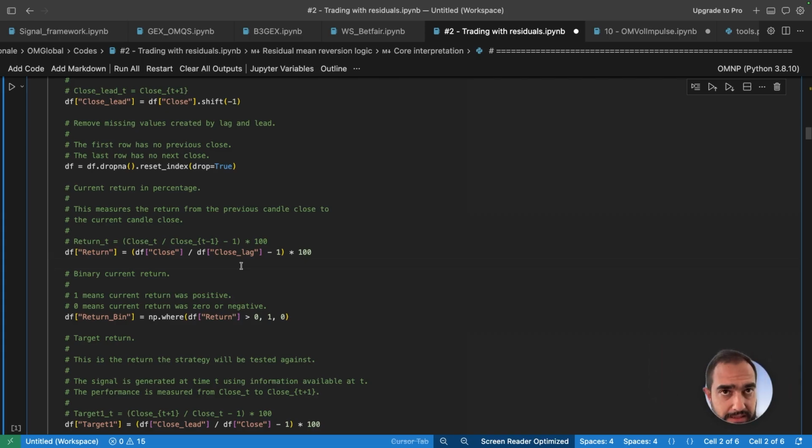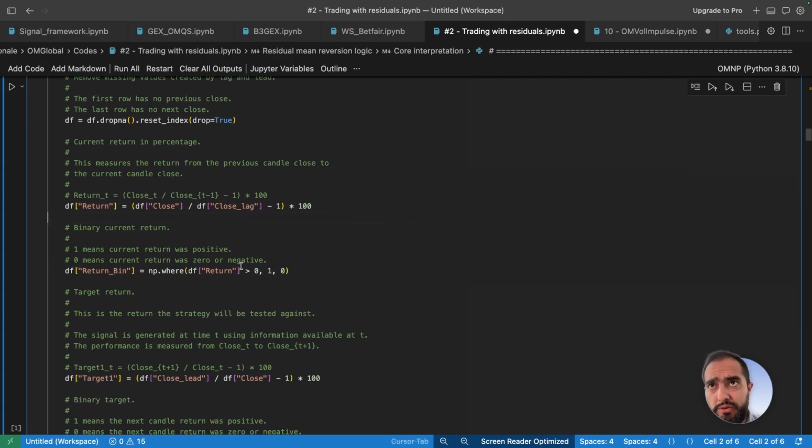For simplicity, you can add whatever you want. And the reason I do it is because there is no one-size-fits-all strategy for sizing or risk management, so I keep it the simplest possible.